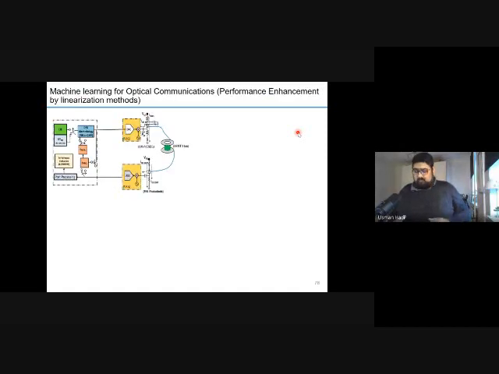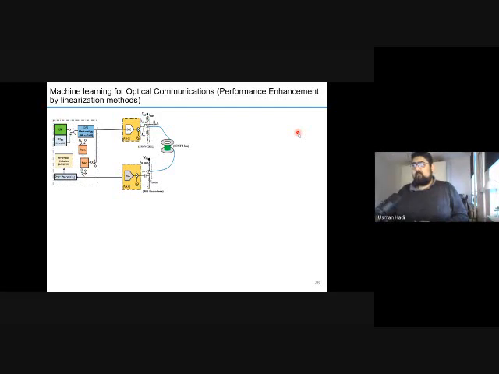The first thing is machine learning. I know that there is expertise among the people listening to me in deep learning and machine learning, and we have some understanding of optical communication. So we can really bridge together the concepts of communication with deep learning, AI, or machine learning.